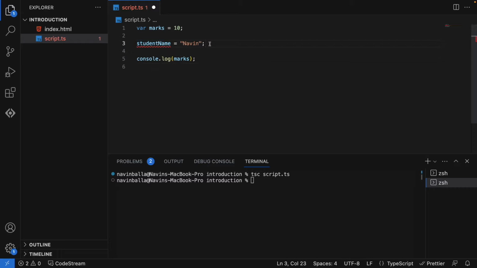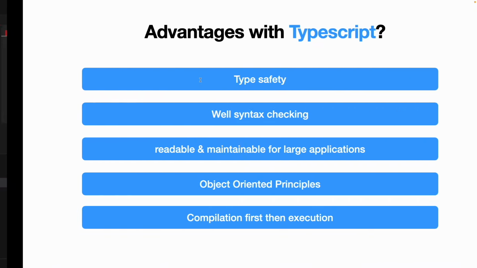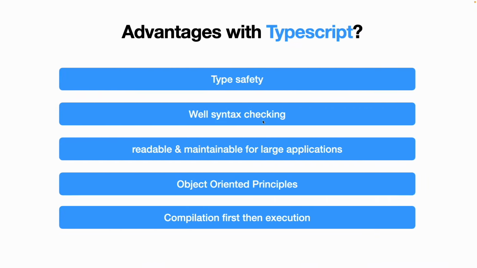You will say there is no use out of it. But when you're writing bigger code, let's say this particular marks itself, I'm making it 11. That's fine till now. But if by mistake I make a spelling mistake here, or maybe I remove the s here, it's much more needed in this case. That's it. So here is how syntax checking is done by TypeScript.